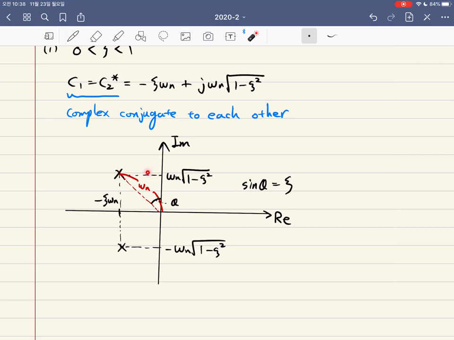So this over this will be zeta, which corresponds to the sine of theta. And I've already said that the poles are symmetric with respect to the x-axis, because you have the same real part value, however two different imaginary parts.